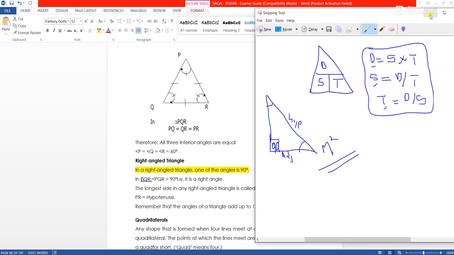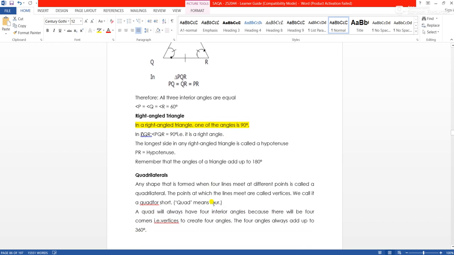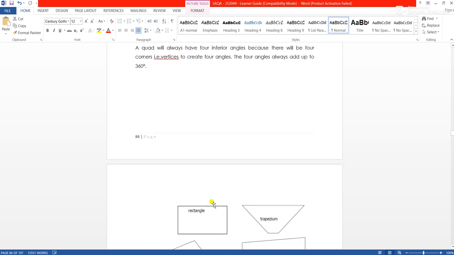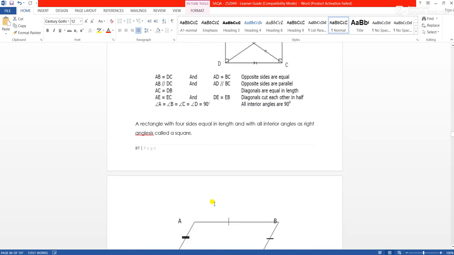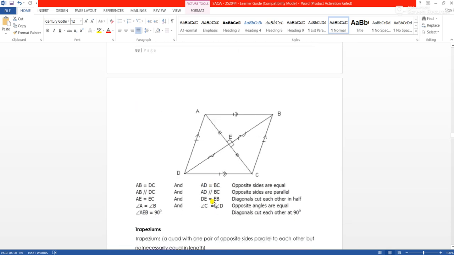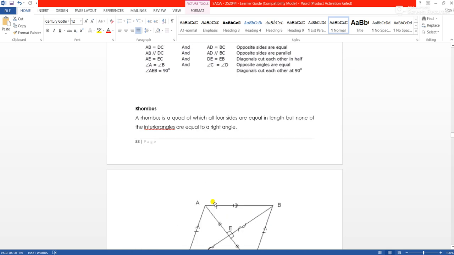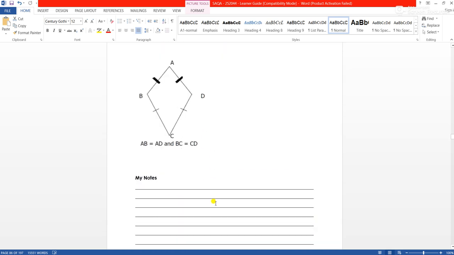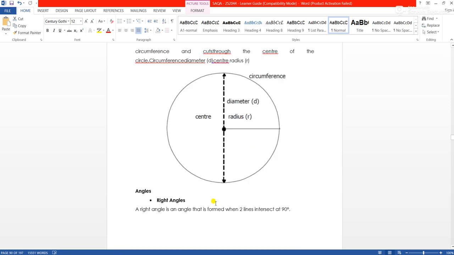I'll just remember now. Where is the right triangle? Oh no, man.